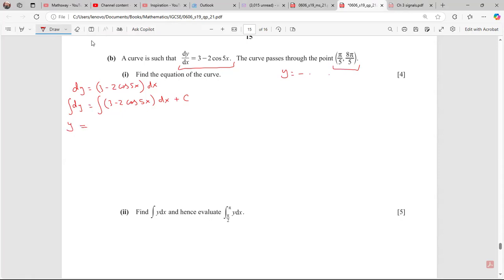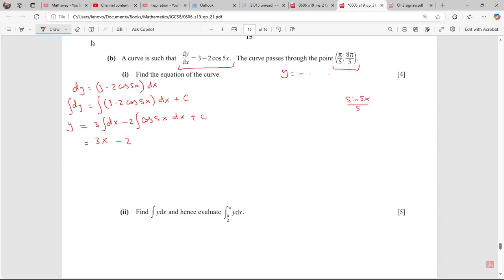On the right side, I have 3 into dx, and similarly minus 2 times the integral of cos 5x dx, plus c. The integral of dx is x only, right? Minus 2, and the integral of cos 5x is going to be sine 5x over 5.